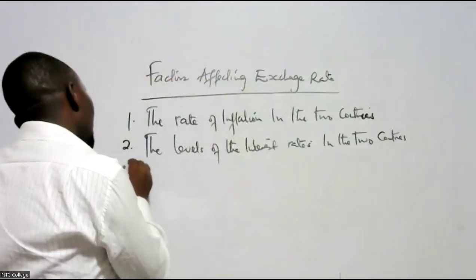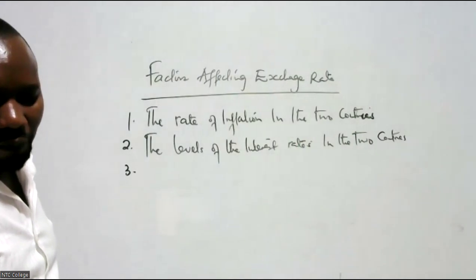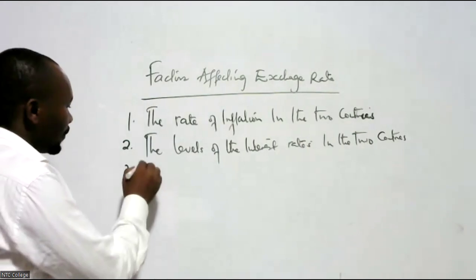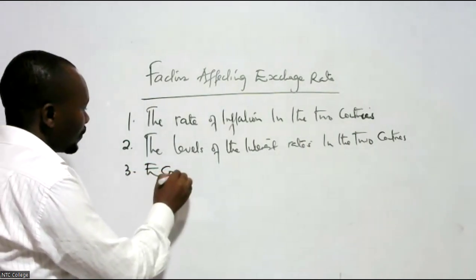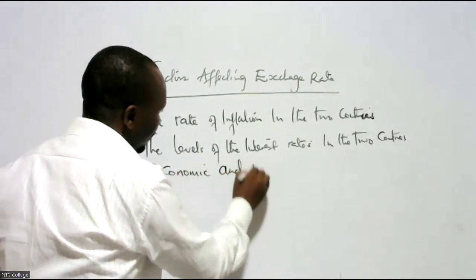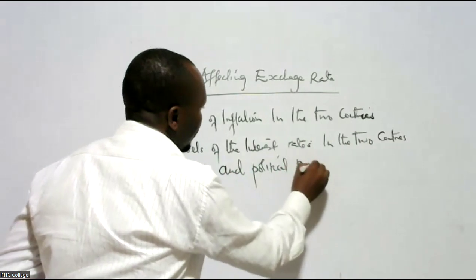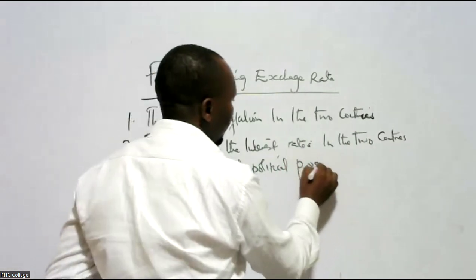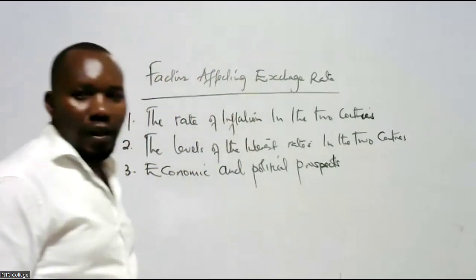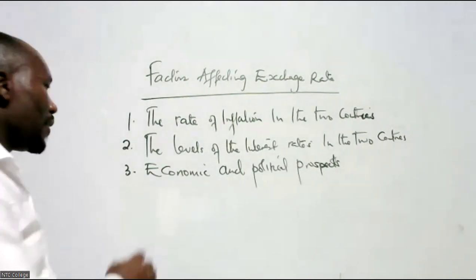Number three, economic and political prospects. Number four, balance of payment.